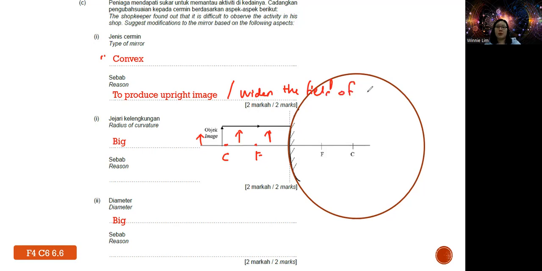Okay, then next one. What is meant by radius of curvature? Radius of curvature is actually the distance from the center to the curved surface. That one is called radius of curvature, this one. Okay, that means if I were to have a bigger circle, then you will have this point C and F further, agree?